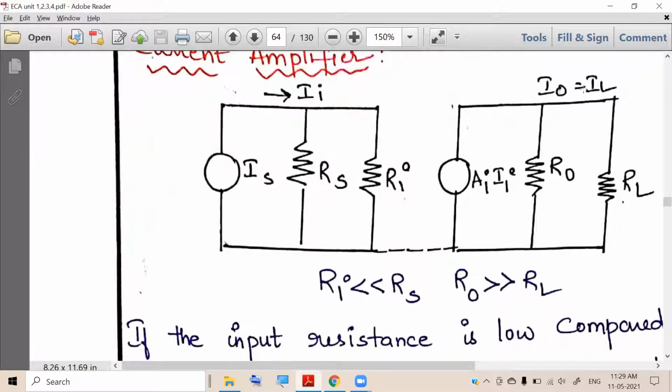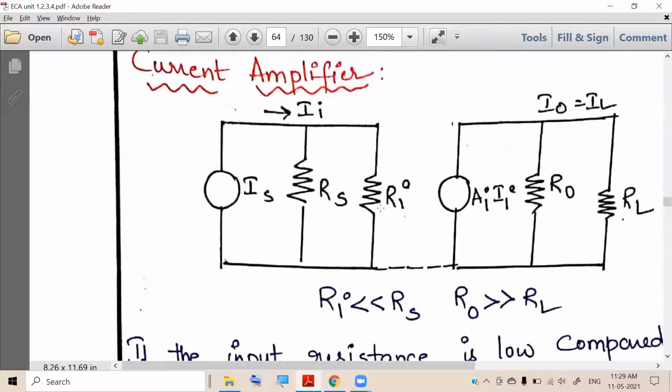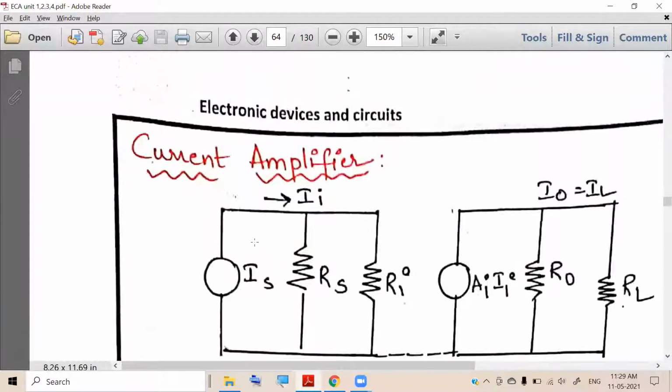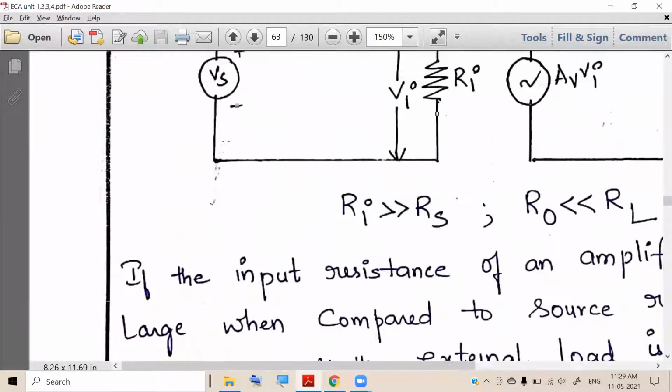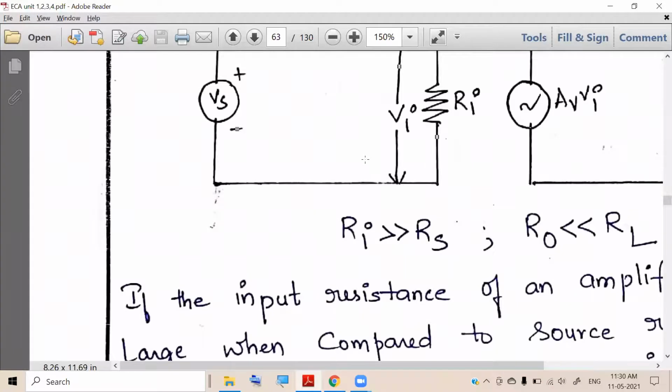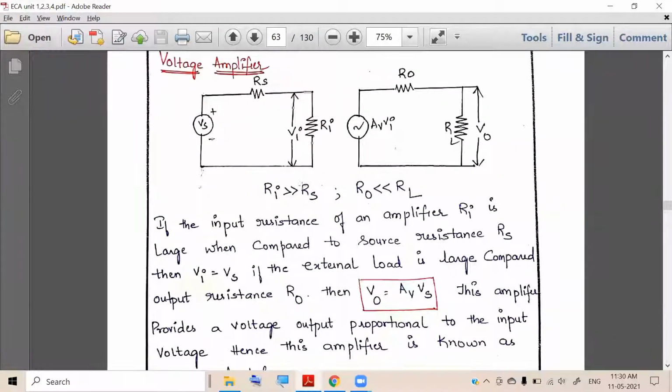Next, again similar at the output side. Compared to the previous circuit, the difference we have here is that there we represented a voltage source in series with the resistance, and here we represent a current source in parallel with the resistance.